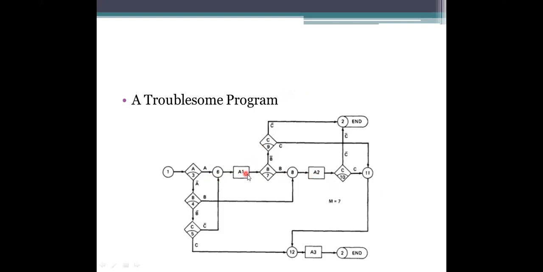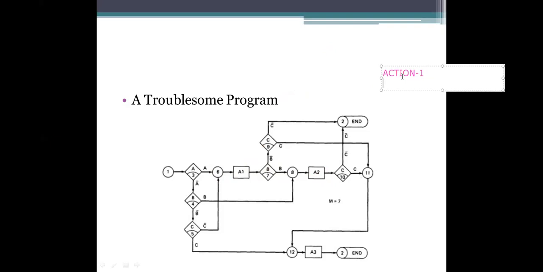So see how I am reaching action 1, A1 means action 1. First, we will plot for action 1. So what are the favorable conditions I can use to execute that one?